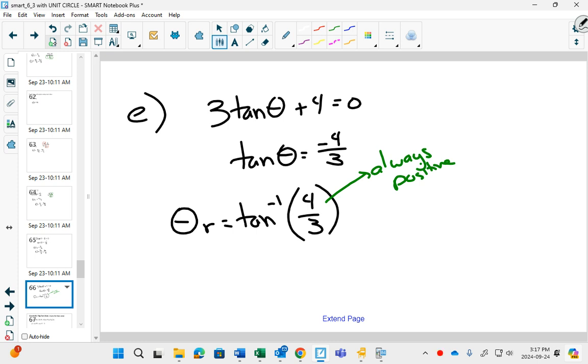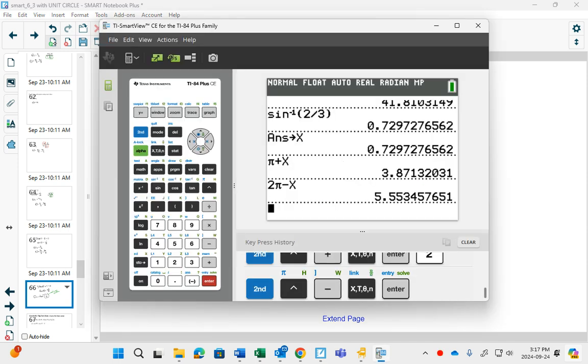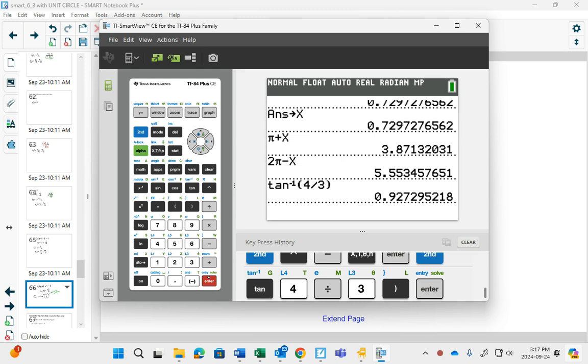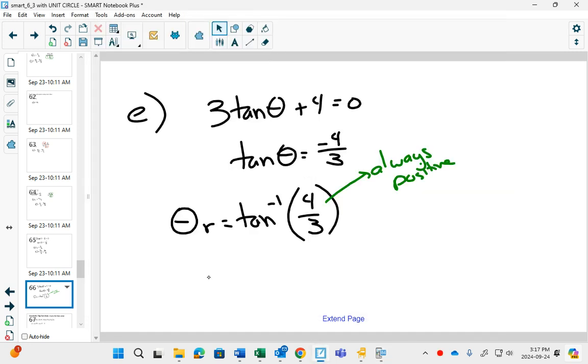So even though tan of theta is negative 4/3, when you find your reference angle, you will always use positive values. This will ensure that when I do tan inverse, I get a positive answer. So I go tan inverse of 4 divided by 3, 0.927. And I'm just going to put dot, dot, dot here to say I'm not rounding yet. I'm going to use all of my decimal places.